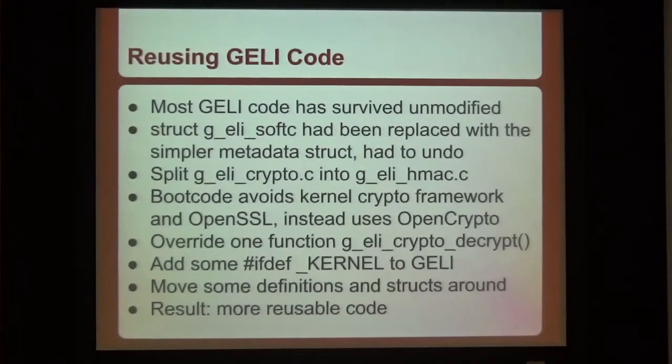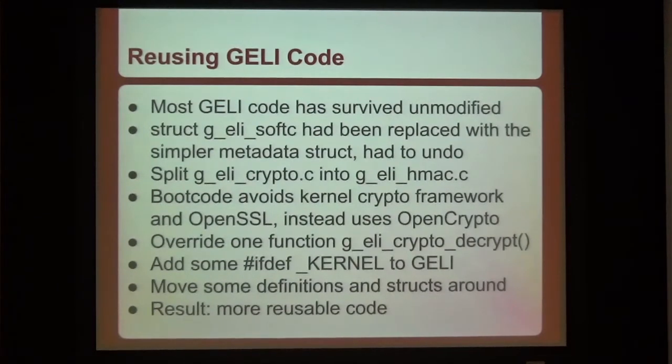And I didn't care about using crypto accelerators because it's the boot code. There's no kernel yet, you can't do that. So I got Pawel to let me break that up into two files so that we could just include the ones we needed, and basically end up pulling all the bits of GELI that we needed into that libgeliboot static library.